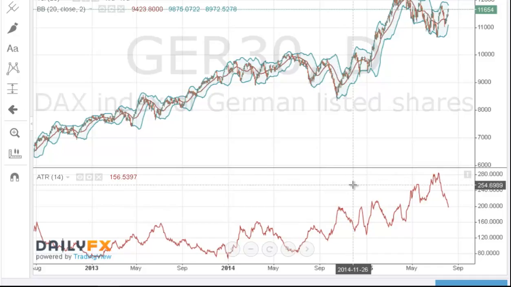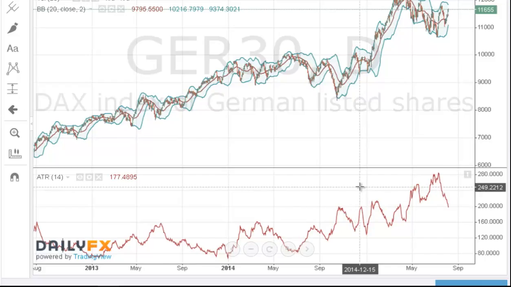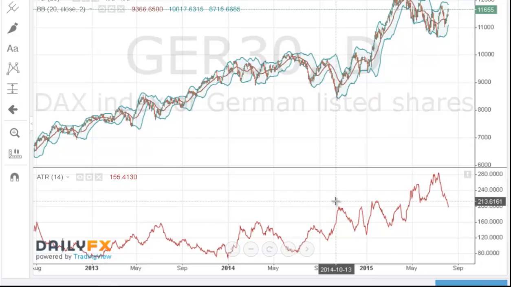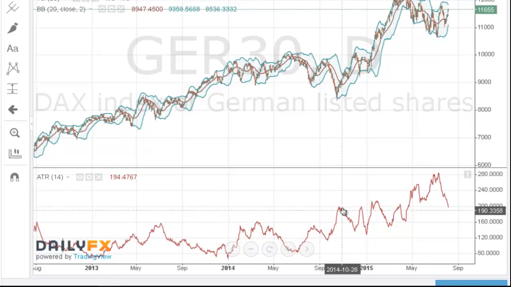Unfortunately, that pattern doesn't seem incredibly reliable. A lot of the times the peaks do map up, but a lot of the times they don't. So if I looked at a couple of examples, I'd go, oh, the top and the bottom for the average true range is a signal for a turn in direction for the actual DAX.